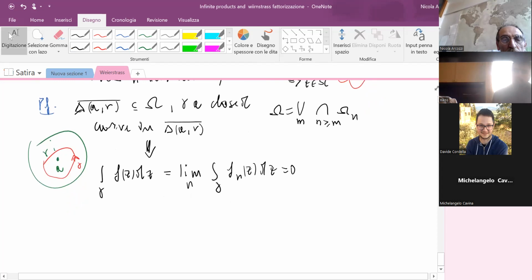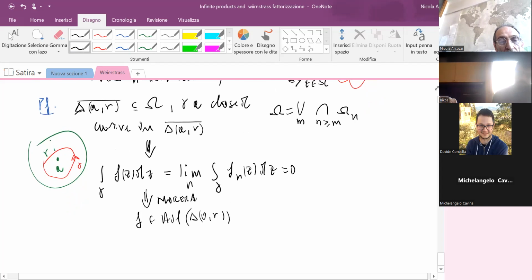This is for all curves, and this implies that the function f, by Morera's theorem, is holomorphic in the disk, and so it's holomorphic everywhere.